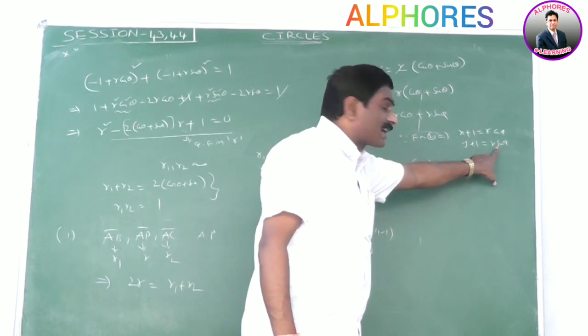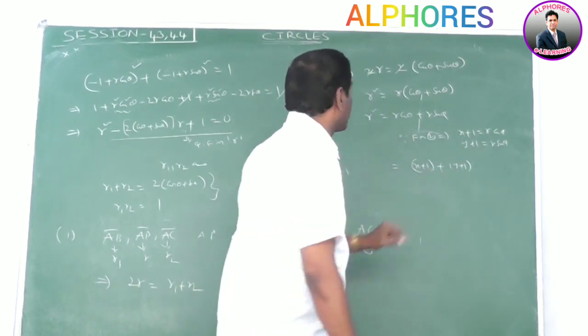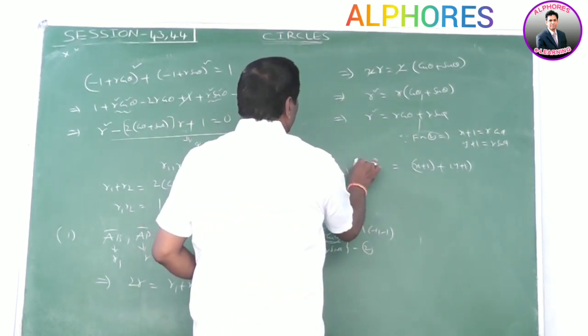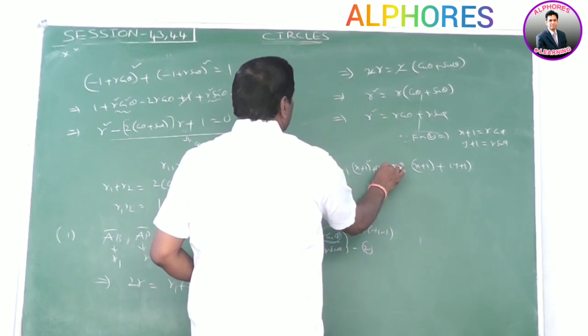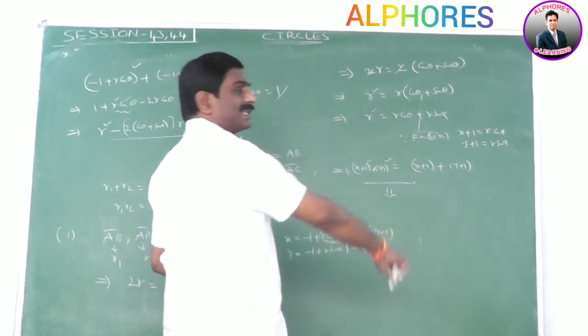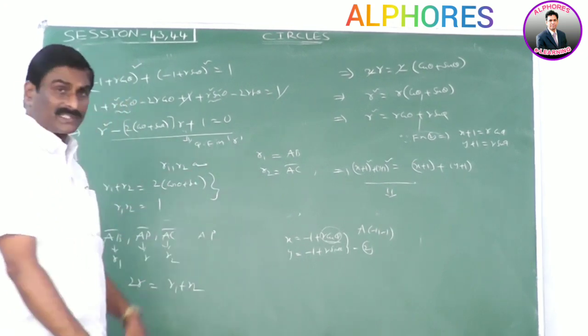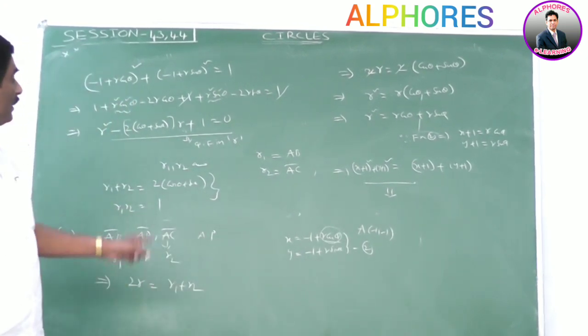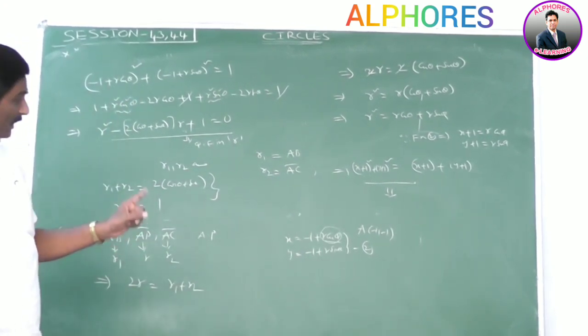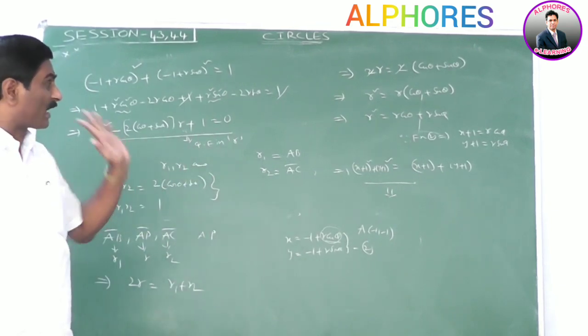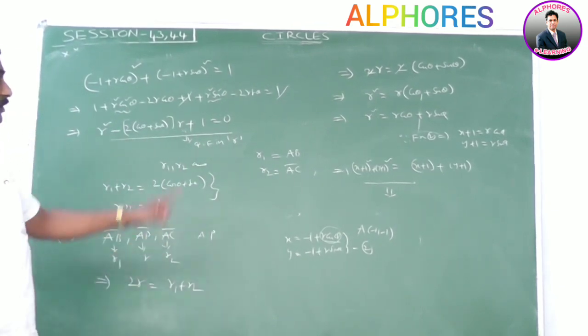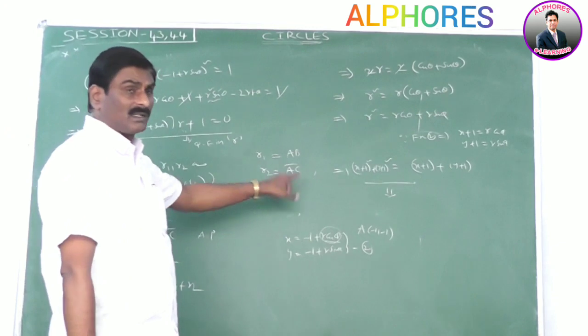R square cos square plus R square sin square means R square. R square is equal to x plus 1 whole square plus y plus 1 whole square. Simplify this value. It is the equation of the required locus in the first case, when AB, AC are in AP. Please note this point. It is the required locus.